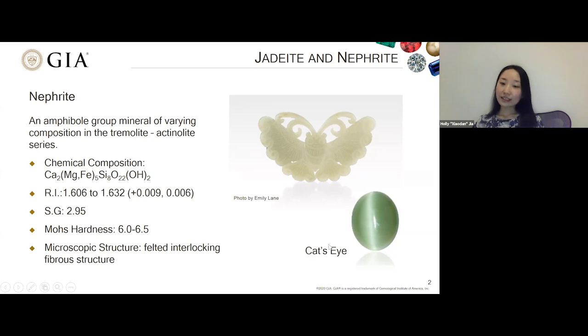In those cases, they will be called a cat's eye instead of a jade because their structure is not compact or tough enough as the nephrite jade. In nephrite, the most sought after color would be white, while there are also green, yellow, black, and other colors that could overlap with the color range of jadeite jade.